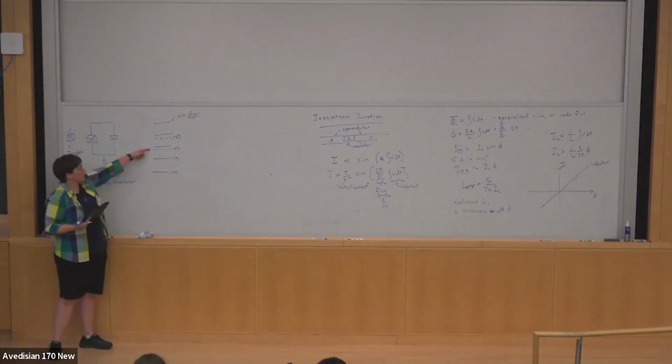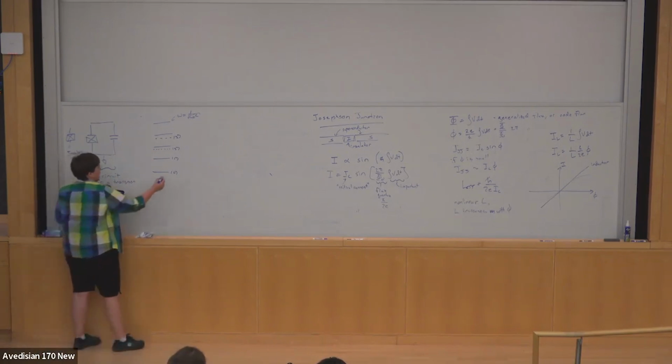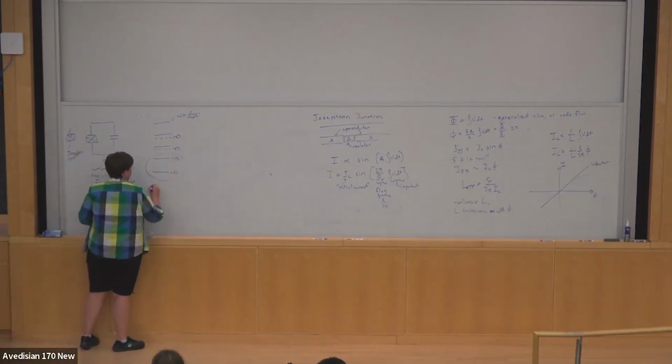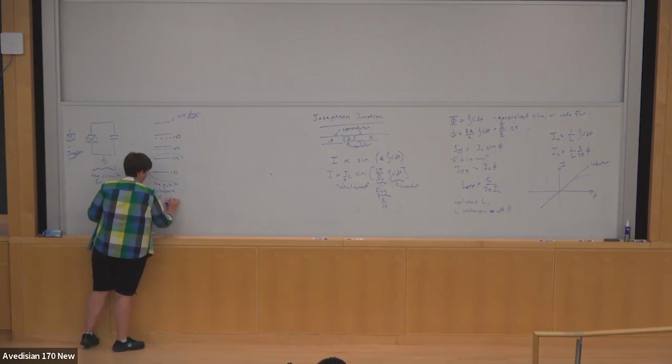So the actual second excited state is a little bit lower in frequency than just a straight multiple of the first transition. So that is the qubit subspace of a transmon.